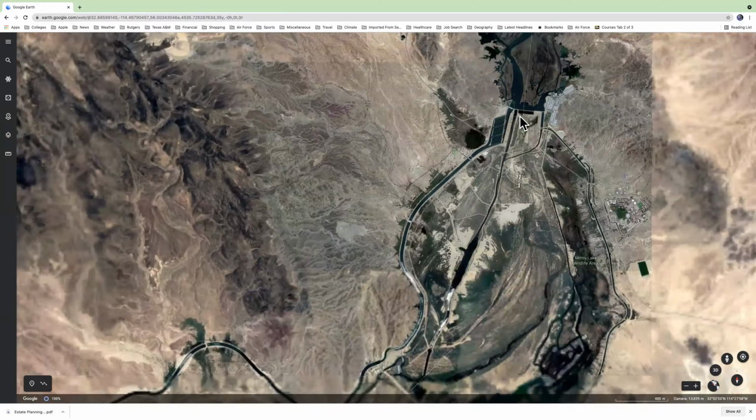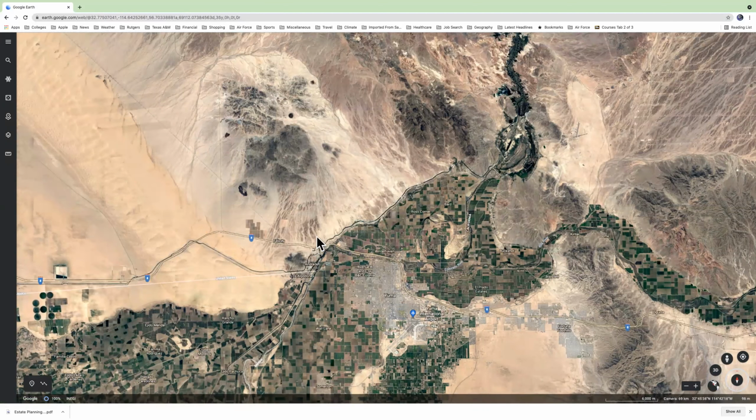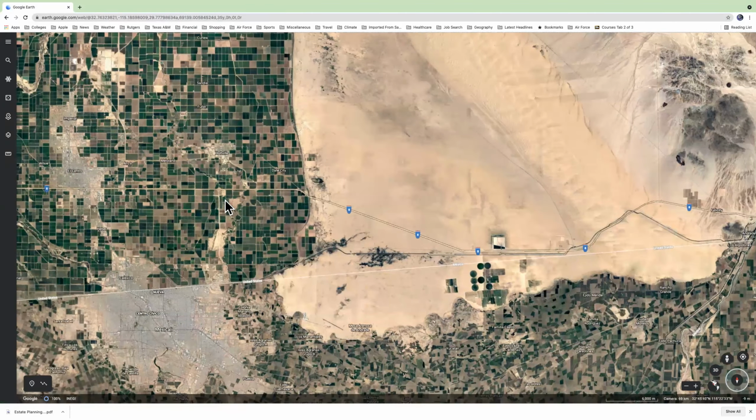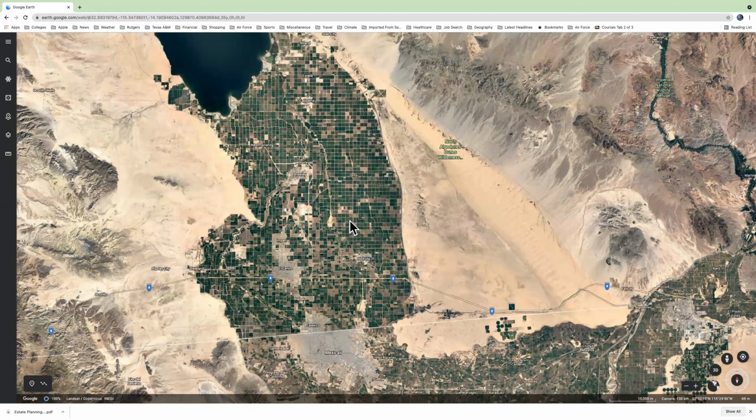If you look out, you see that water is then channelized across the desert and used to water the Imperial Valley. This is where you get a lot of your fruits and vegetables in winter. This should not be green. It's a desert on either side, as you can see. So it's a very significant reinvention of the landscape to suit human needs.